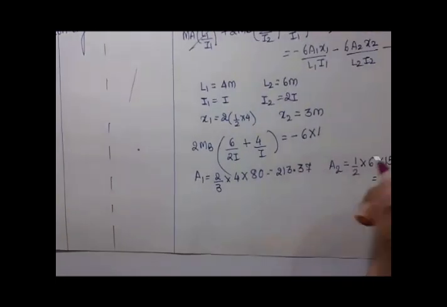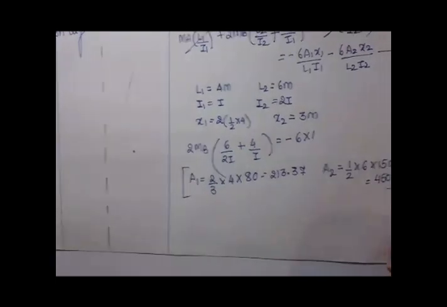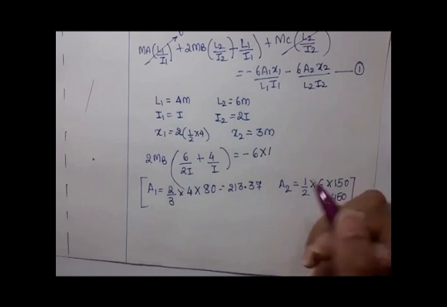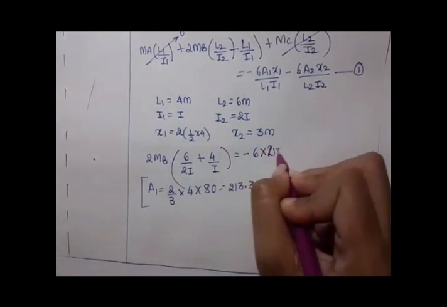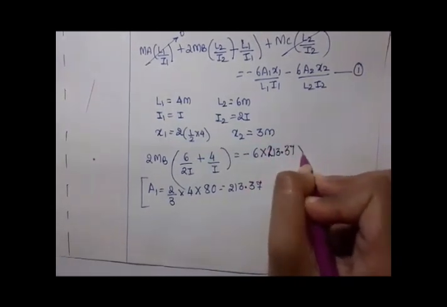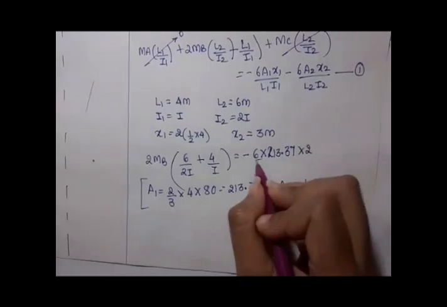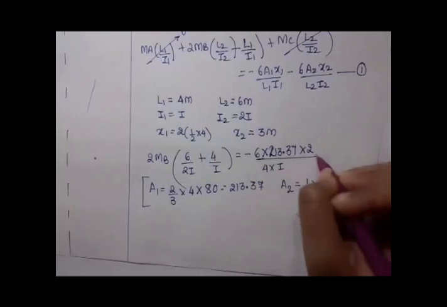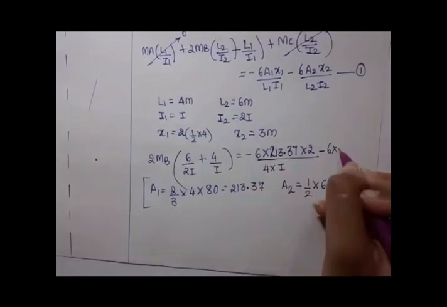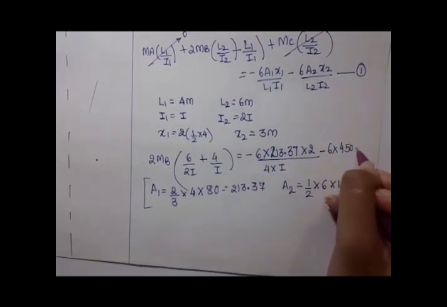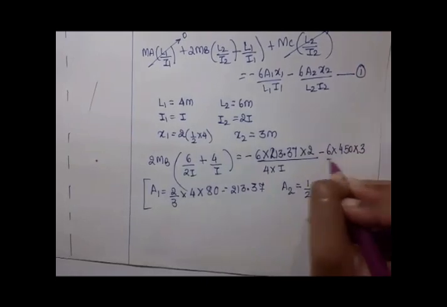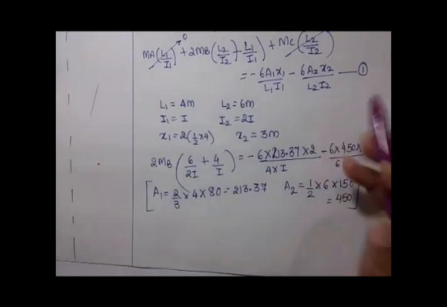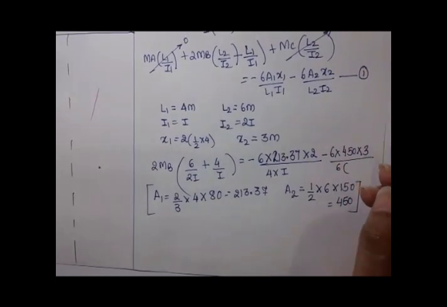Now putting these values in the equation, minus 6 into A1 is 213.37 into x1 is 2 upon L1 is 4 into I, minus 6 into A2 is 450 into x2 is 3 upon L2 is 6, and this is the problem we face.